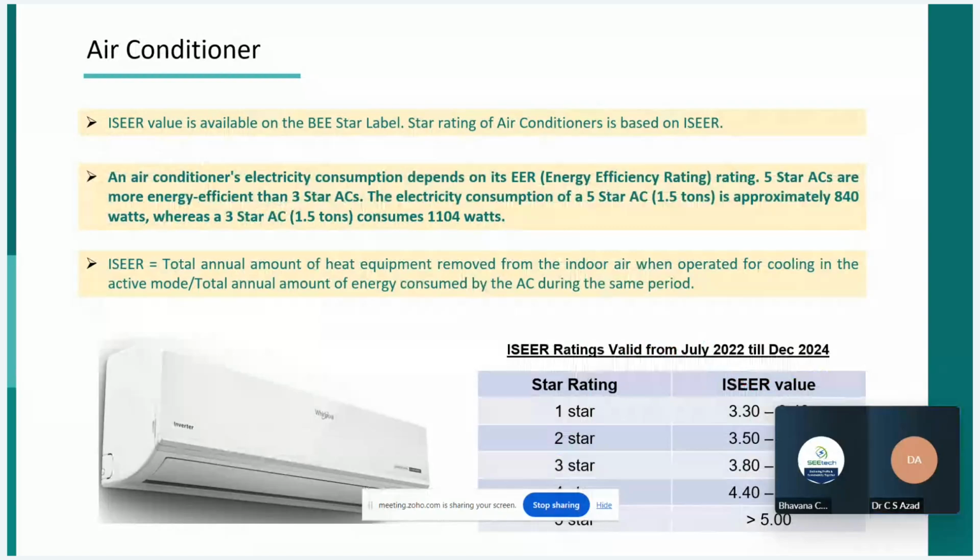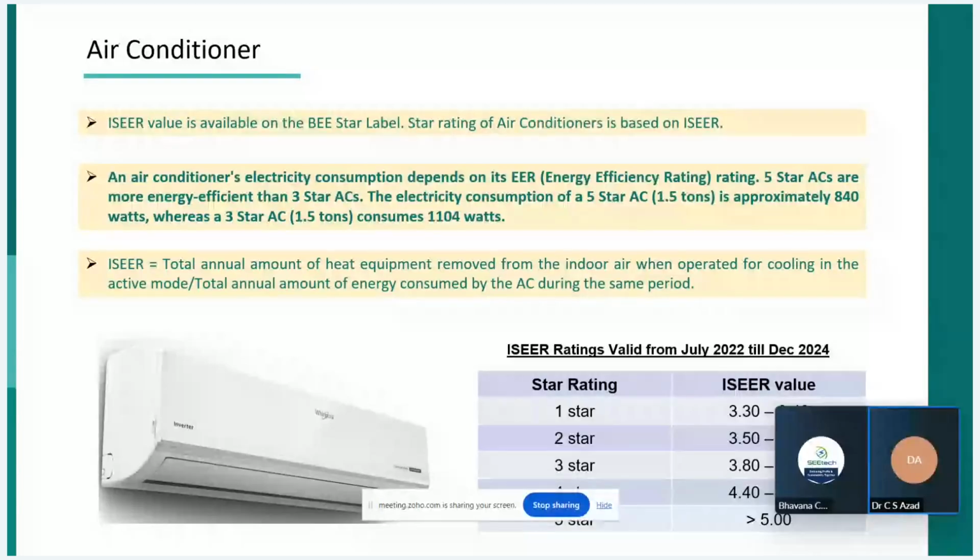One of the prominent pieces of equipment is air conditioners, because now India uses more and more air conditioners due to climate change and other requirements. 5-star ACs are available, with more than 5 ISEER, because BEE recognizes this star rating based on the ISEER rating.